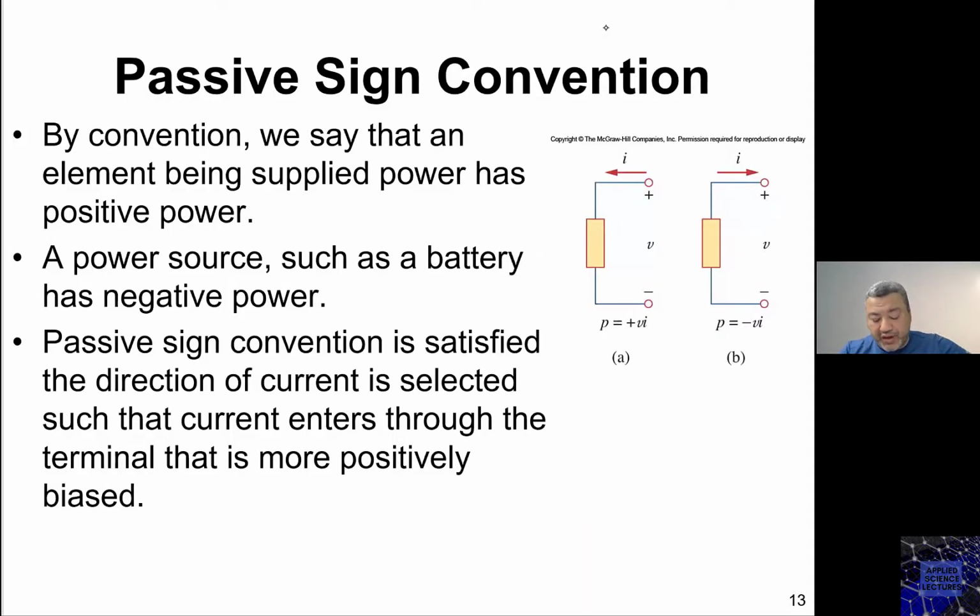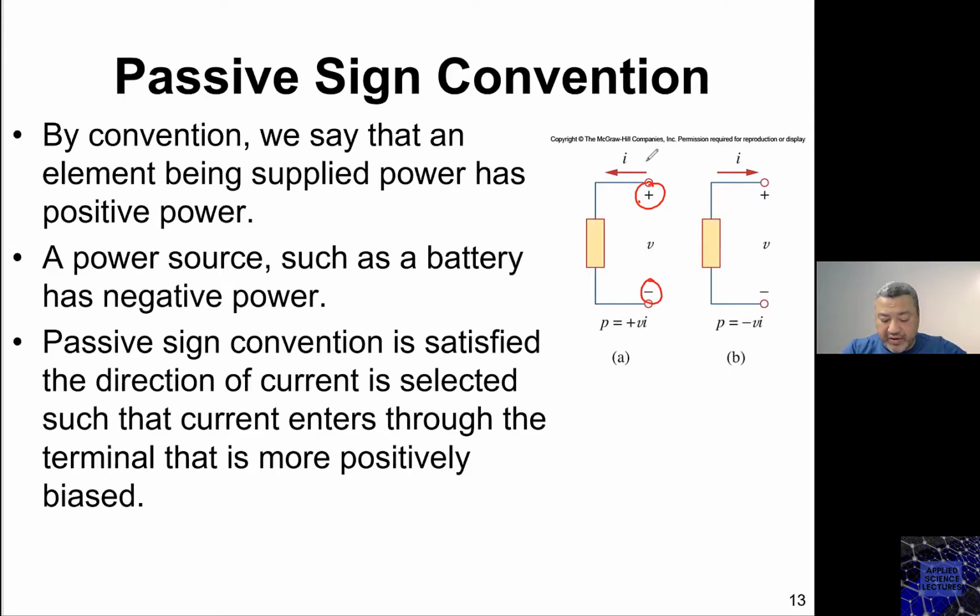So if we have the current entering the positive terminal, so this is the positive and this is the negative for this component across its terminals.